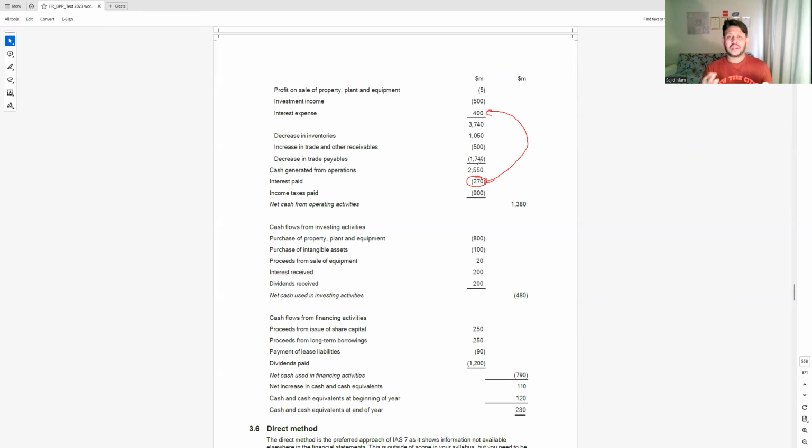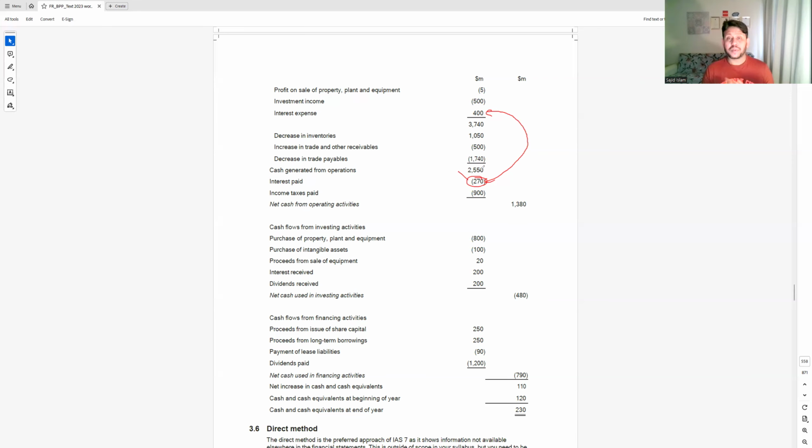Some interest could still be my liability to pay. For that reason, I don't have to show it in the cash flow statement, because the cash flow statement only focuses on how much cash was actually paid and how much cash was actually received. So I really don't have to look at whether anything is outstanding. My interest expense was 400, but actually I paid 270. So I only consider 270 gone, 400 added back.